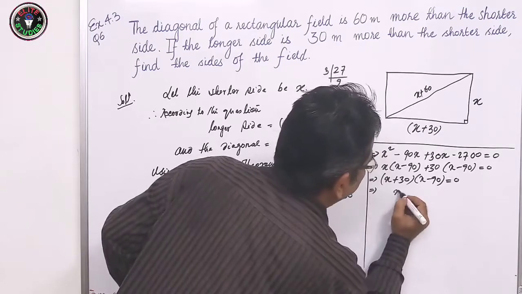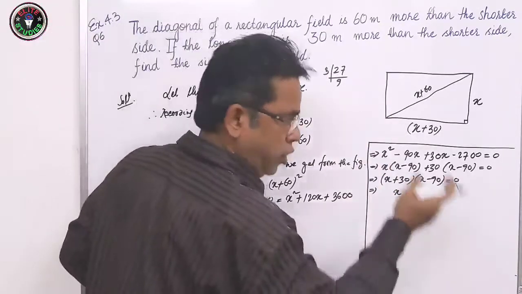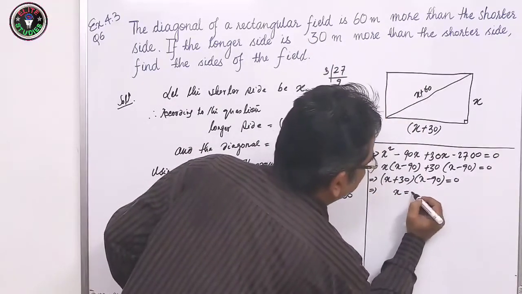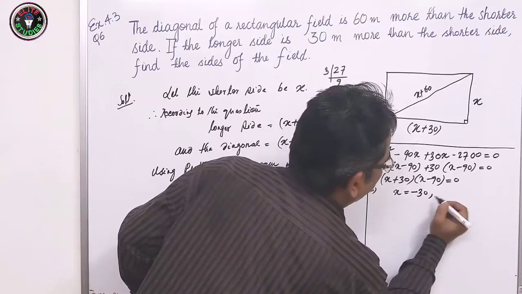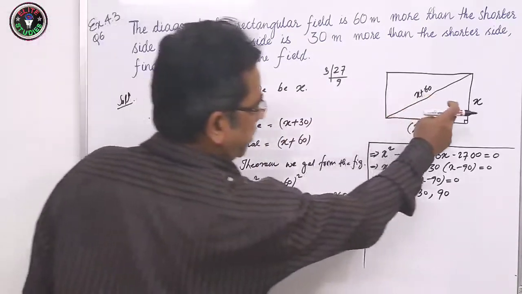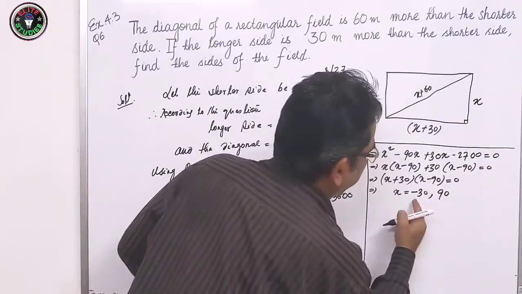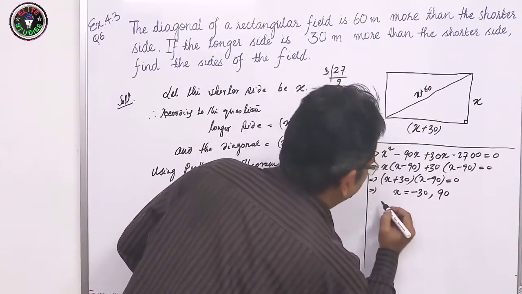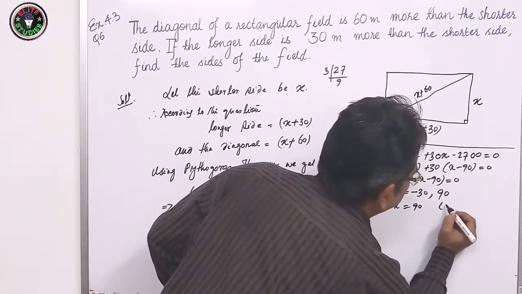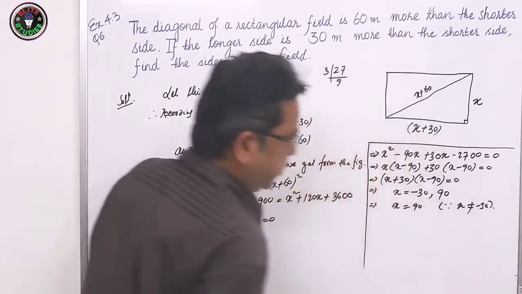So it will give you x plus 30 is equal to 0 or x minus 90 is equal to 0. You refer to my earlier videos on how to solve these. So x is equal to minus 30 or 90. But since x is the length, x cannot be minus 30.